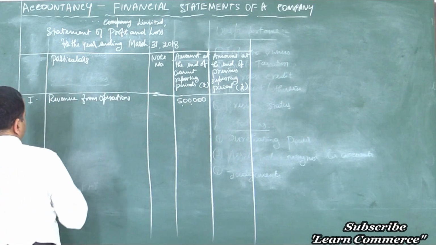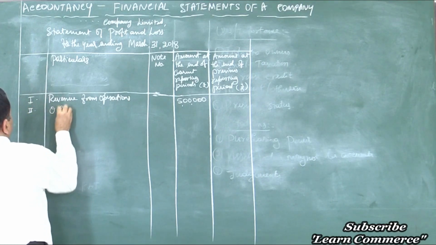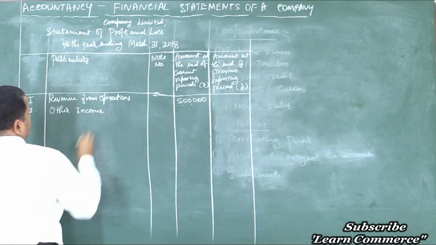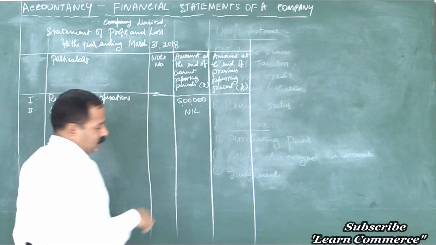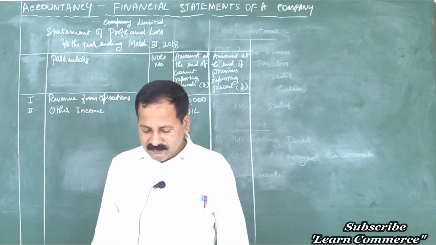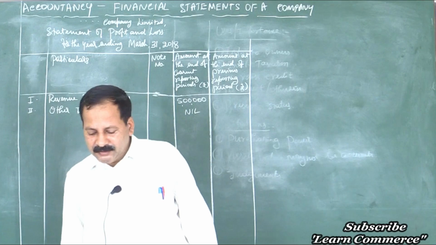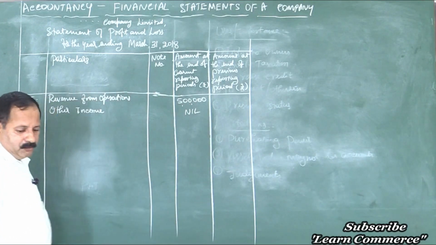it is not there, but let us write here. Second one, other income. Dash nil. Then what next? Total revenue. You have to write total revenue here.